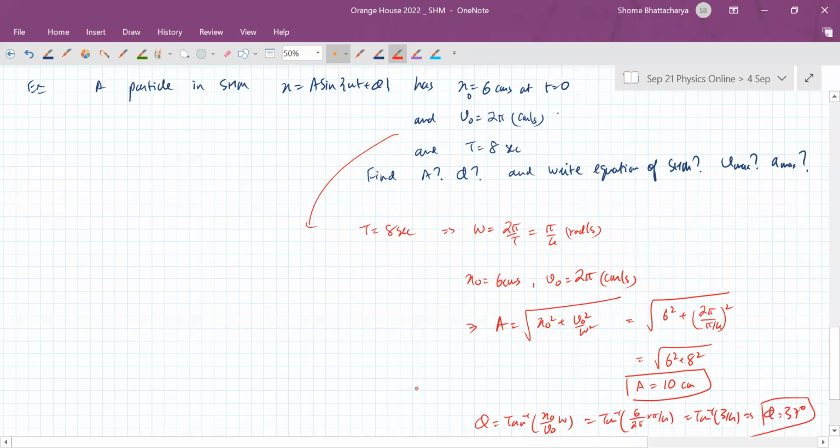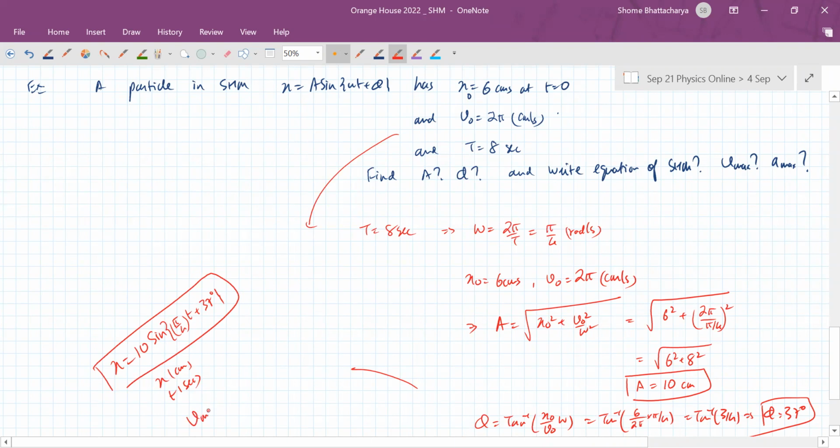So the equation of SHM from here becomes that x is equal to 10 sine(pi by 4 t plus 37 degrees), where x is in centimeters, t is in seconds, and v max is A omega.